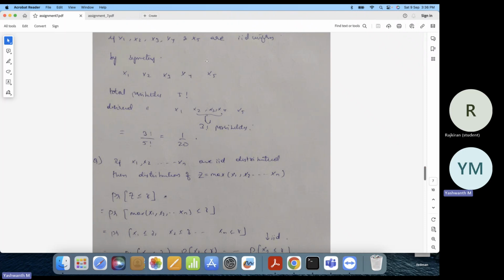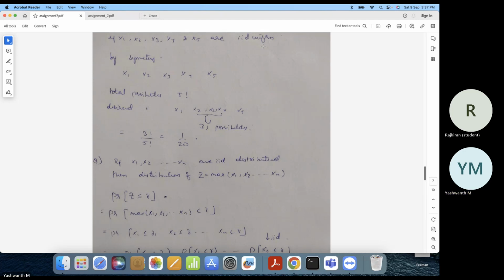Otherwise, probably we may have to go by first principle, in the sense that since you want x1 to be the minimum, you may want to write this as probability x1 less than or equal to x2, and probability x1 less than x3, and probability x1 less than x4.